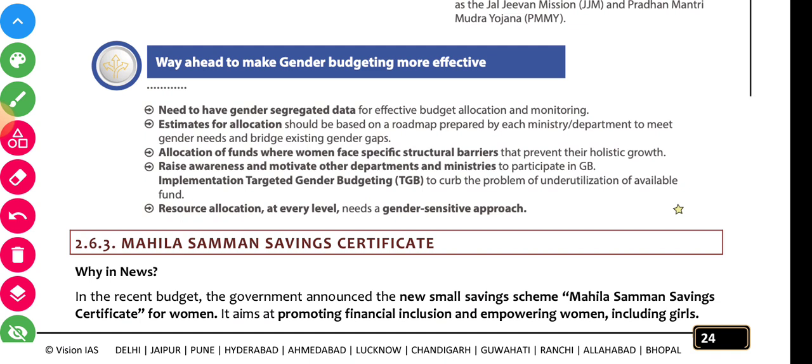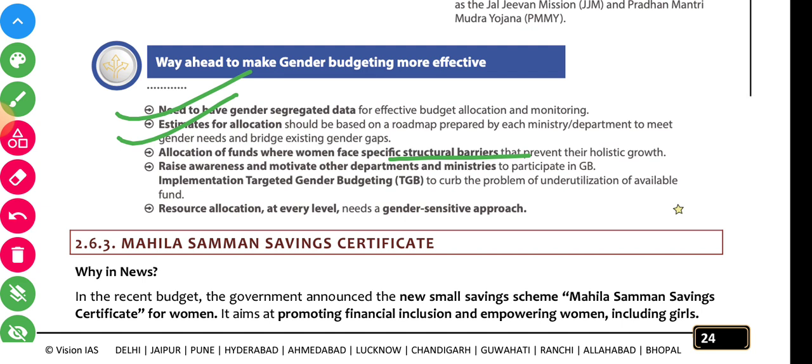And the way ahead: to make gender budgeting more effective, we need gender segregated data for effective budget allocation and monitoring. Estimates for allocation should be based on a roadmap prepared by each ministry or department. Allocate funds where women face specific structural barriers.